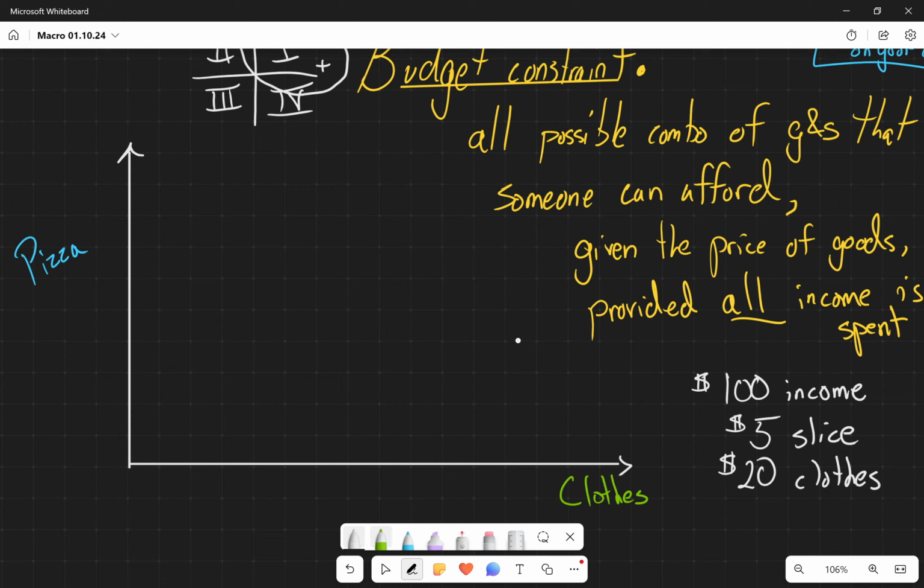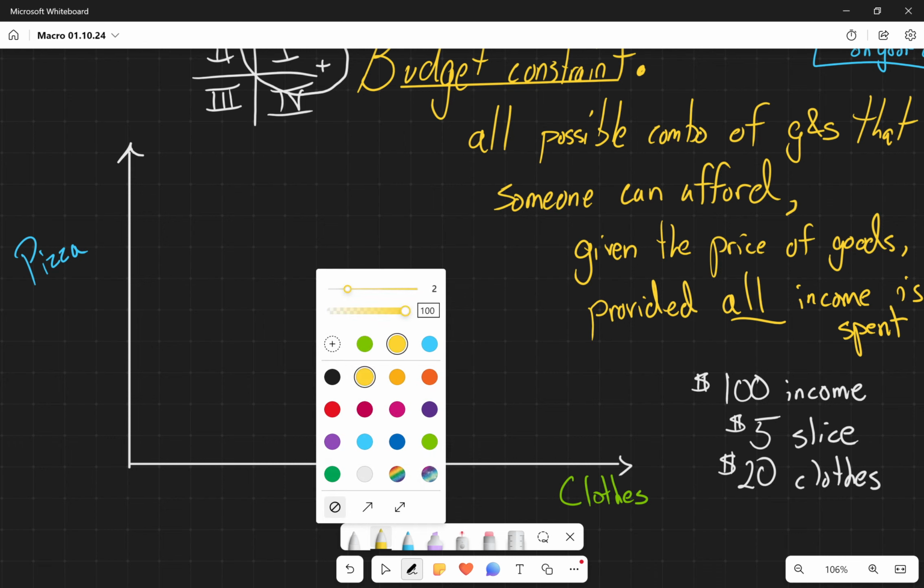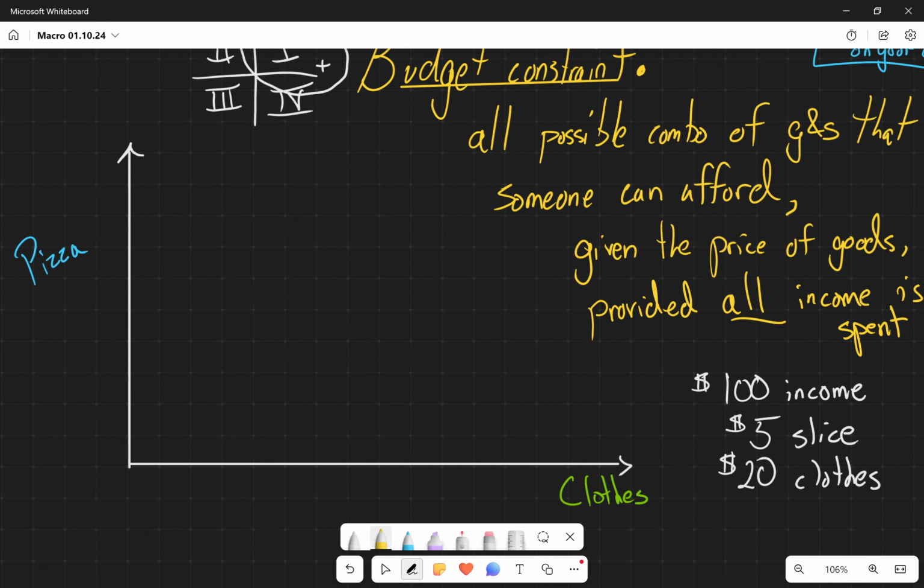So one of the first things that I can do is I can totally starve myself and just spend all my money on clothes, right? If I spent all my money on clothes, we would end up with 5 articles of clothing and 0 slices of pizza.